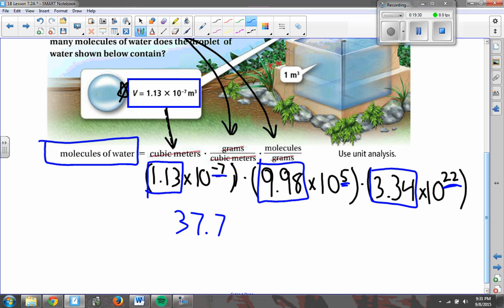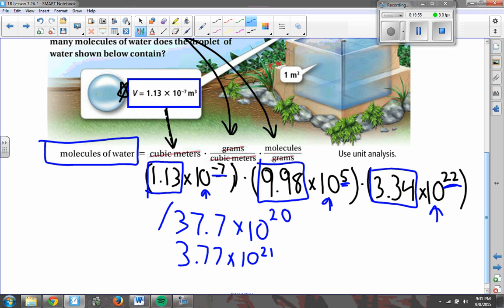As long as I'm multiplying 10 to some power, 10 to some power, and 10 to some power, I can just add those exponents together, and I end up with times 10 to the 20th power. All right? Now, the proper way to write this in scientific notation would be 3.77 times 10 to the 21st power.